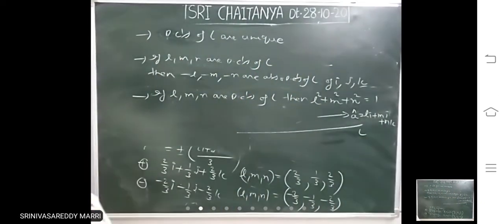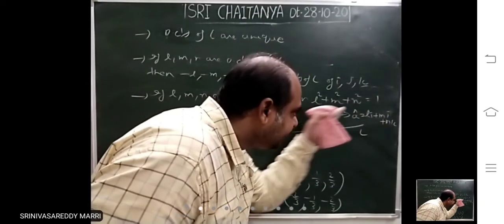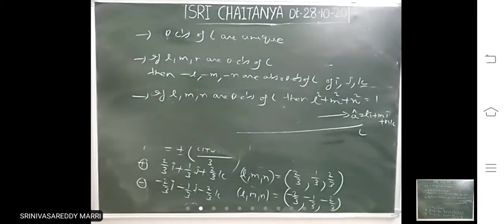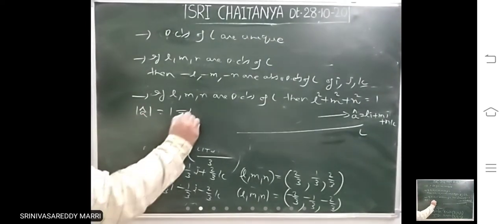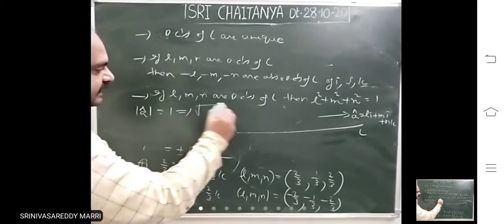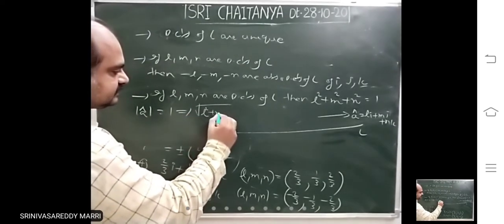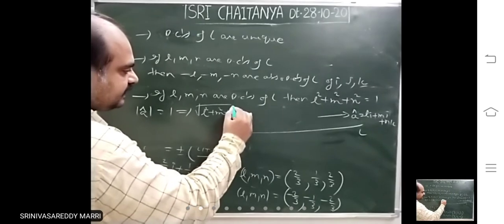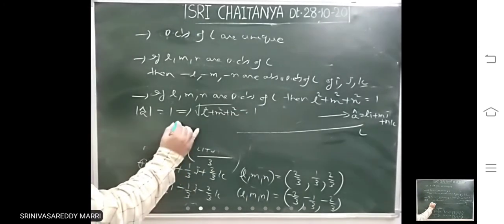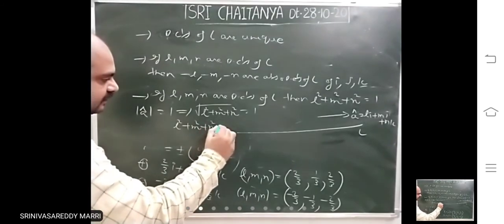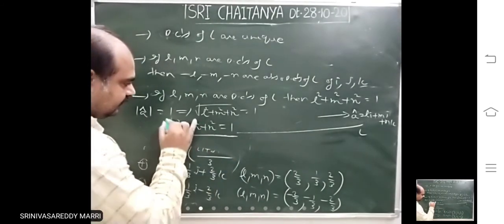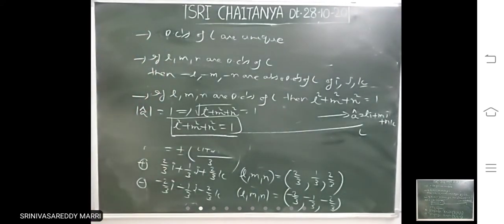If DCs are given, the line is drawn in the unit vector direction. Modulus of A cap is 1, the unit vector. That means modulus of A cap is root of L square plus M square plus N square, that is 1. Therefore, if L, M, N are direction cosines of a line, then L square plus M square plus N square is 1. That is the relation in DCs.